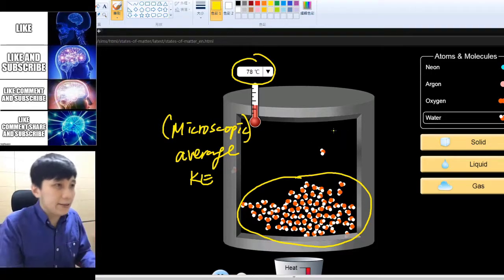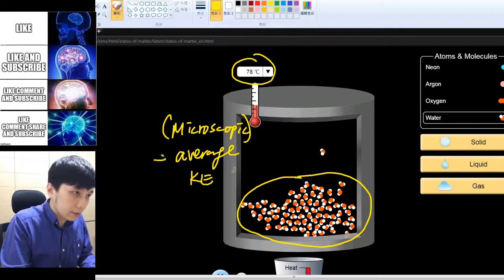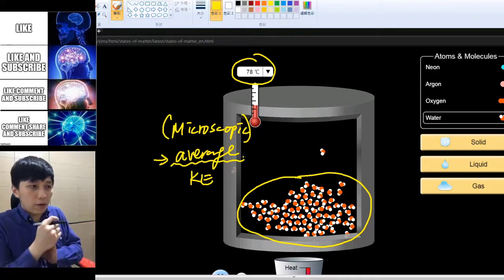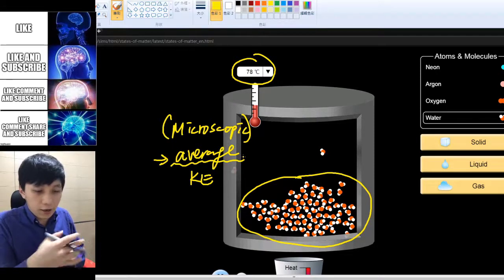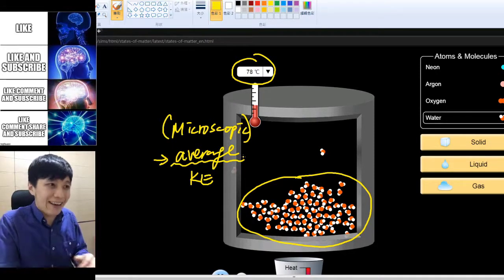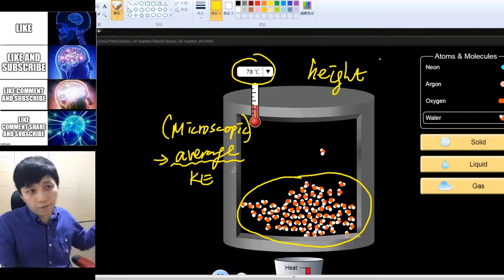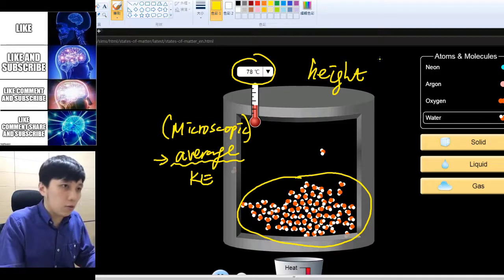So the key idea is average. So think about this. When you talk about the average of a group of people, for example, the average height of our class, we may find the average height, for example, is 170 cm.